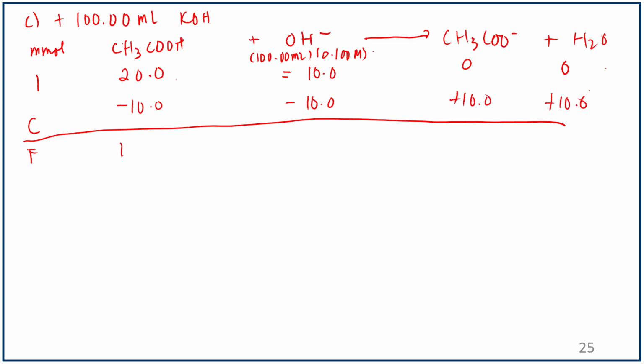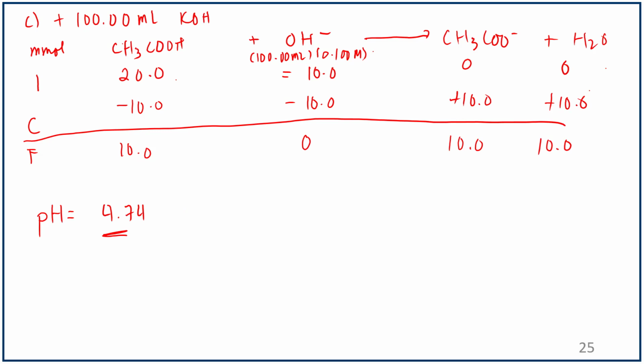This will be 10, this will be 0, this will be 10. Okay, so we can then calculate for pH. We know pKa already, so we'll just write pH is equal to 4.74.